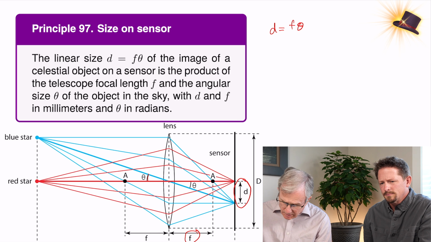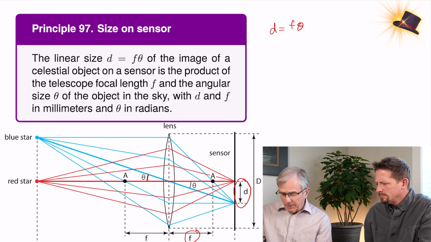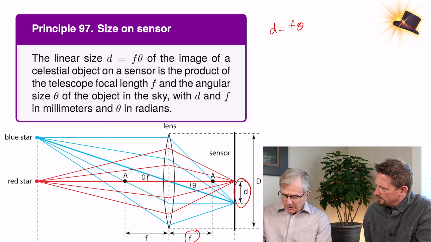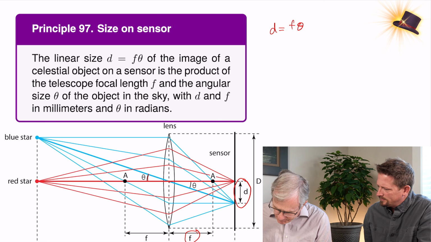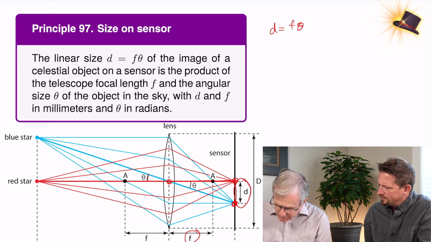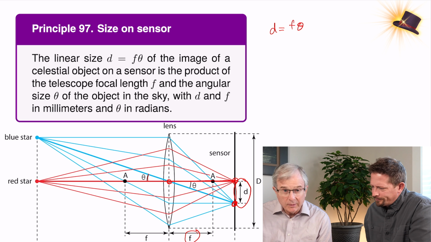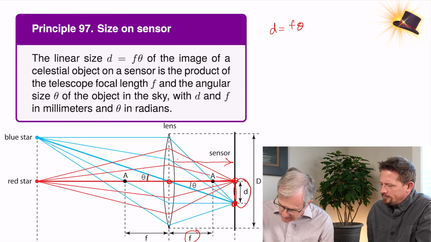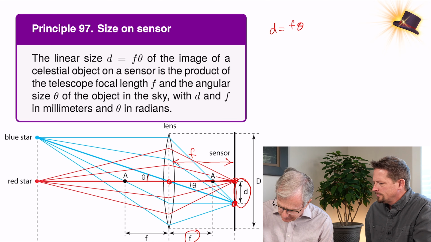And this one you can get from simple trigonometry. There's a right triangle right here. So here's one corner of this right triangle. And because the image plane coincides with the focal plane, this distance here is going to be f.